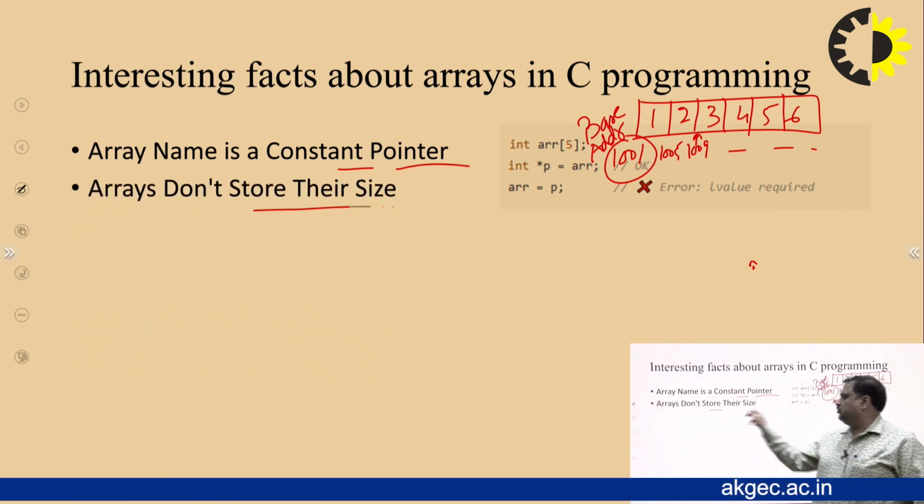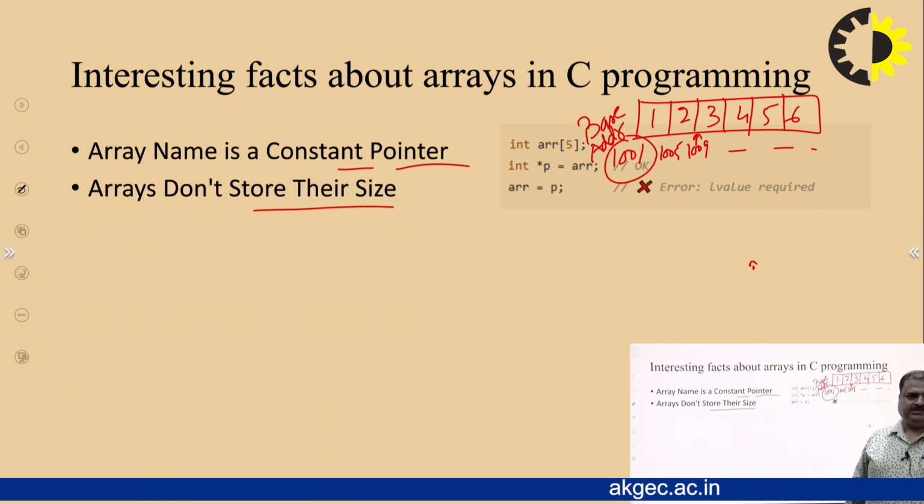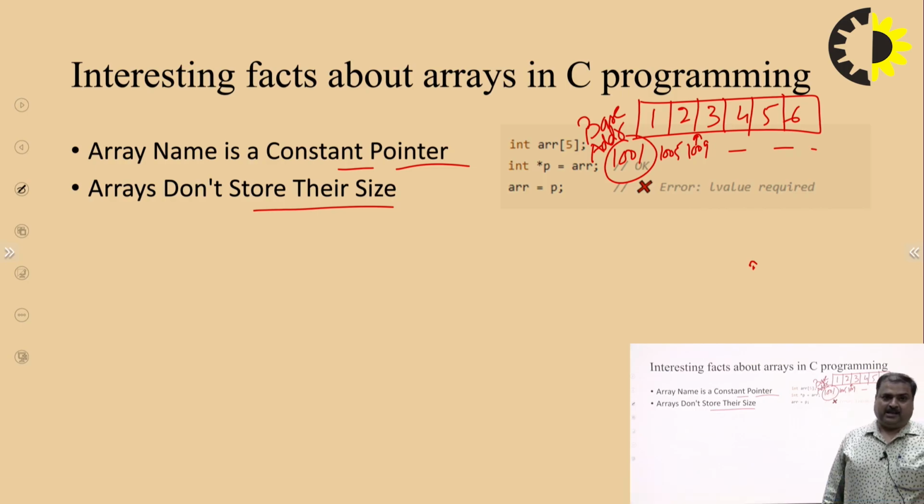So, arrays don't store their size. In C programming, we give a size to the arrays, but there is no provision in the compiler to keep track of what size the array has.